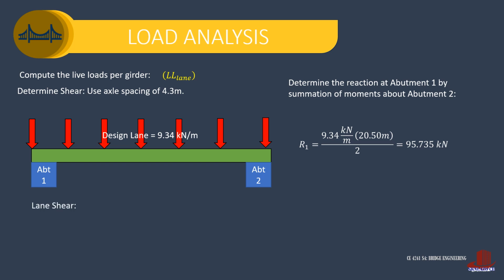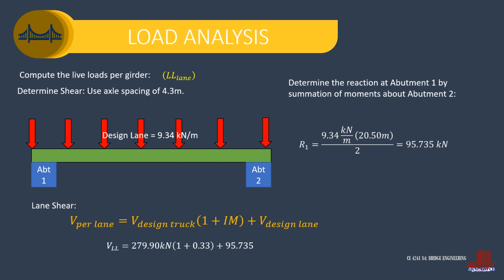The shear per lane multiplies the greater value from the design truck or tandem by an impact factor. The total shear is then 279.9 multiplied by 1 plus 33%, then add the design lane shear of 95.735 to have 468 kilonewtons.